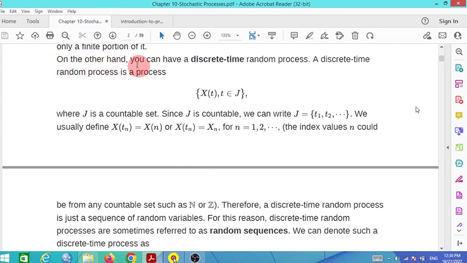On the other hand, you can have a discrete time random process. A discrete time random process is a process with the same notation, okay, where G is a countable set.